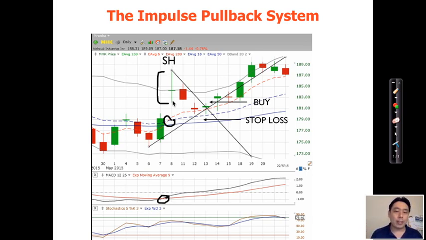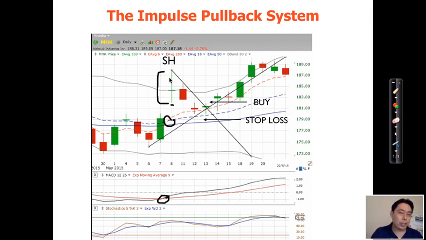So the amateurs, as they buy over here, where would they place their stop loss? That's right, they'll place it at the low of the day, at the low of the day where the uptrend was signaled. Okay? And what sometimes happens is that there are institutional players, market makers at times, that will, in a way, manipulate the markets to capture people's stop loss.